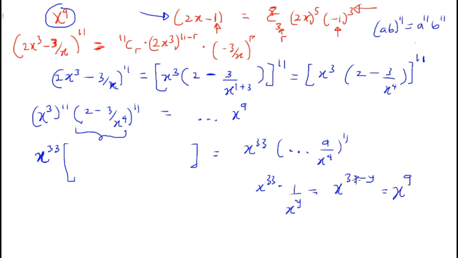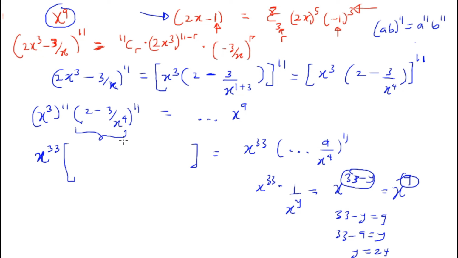So that means 33 minus y has to be equal to 9. So that 33 minus 9 is actually equal to y. That means y has to be equal to 24.